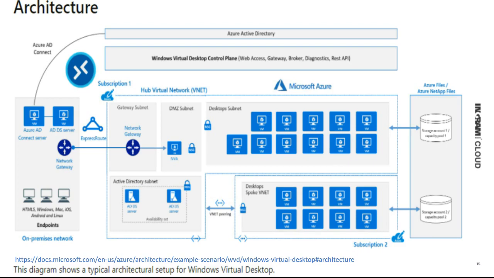The customer manages Active Directory domain services and Azure Active Directory, Azure subscriptions, virtual networks, Azure Files or Azure NetApp Files in this case for profile containers, and the Windows Virtual Desktop host pools and workspaces. To increase capacity, the customer uses two Azure subscriptions in a hub and spoke architecture. It connects them via a virtual network peering connection.